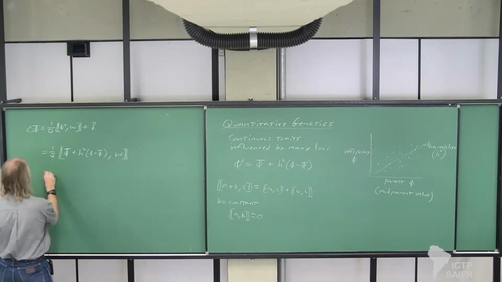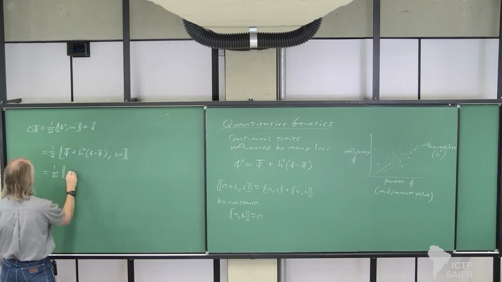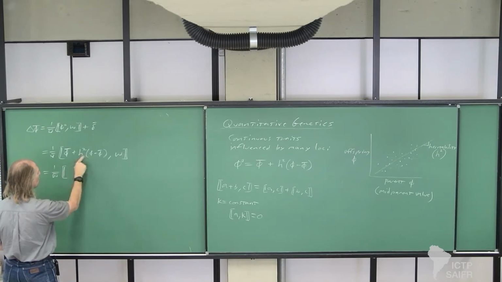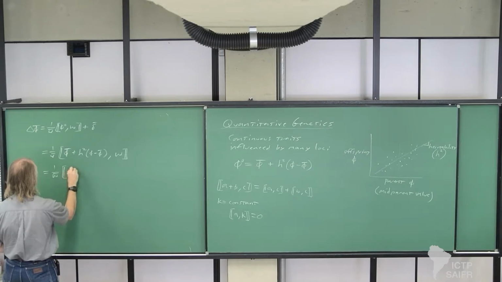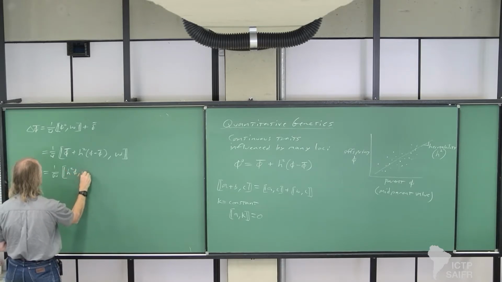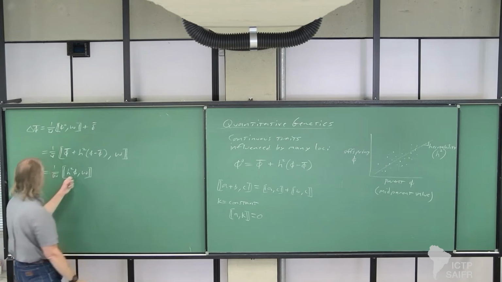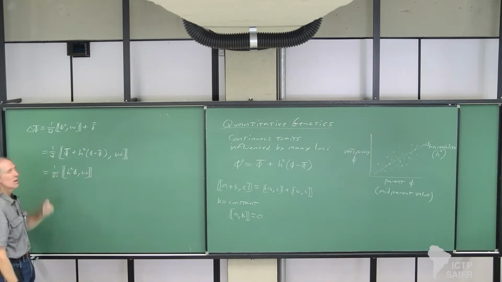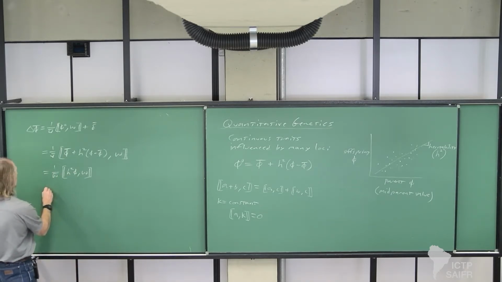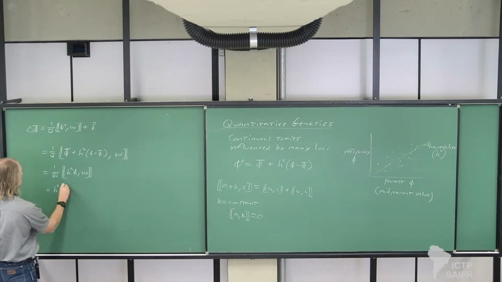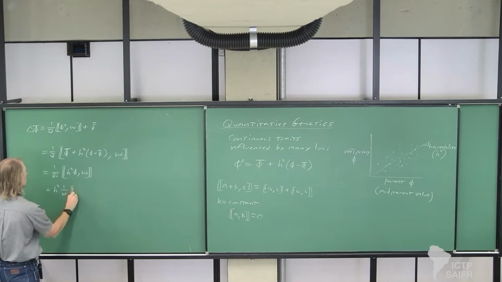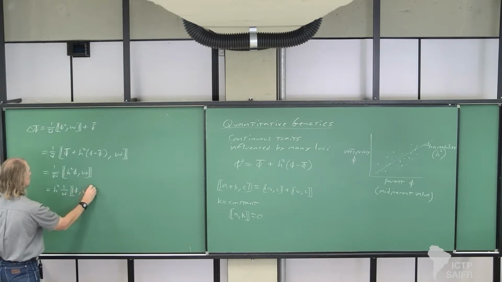So really, this breaks down to 1 over W bar covariance of, the only thing we have left is heritability times phi, h squared phi with W. And because heritability is a constant, it can come out. So I can write it as h squared times 1 over W bar covariance of phenotype with fitness.